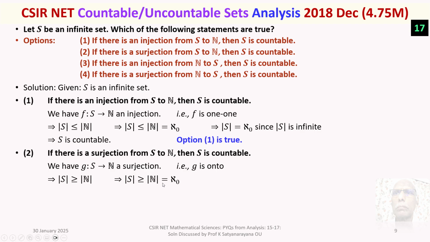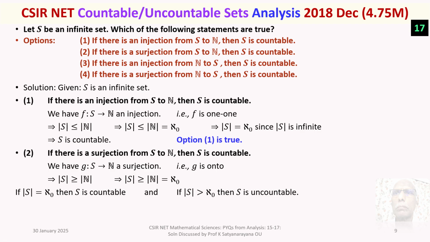The cardinality of N means ℵ0. So cardinality of S is greater than or equal to ℵ0, then 2 cases arise. If cardinality of S is equal to ℵ0, then S is countable. The second possibility is the cardinality of S is greater than ℵ0.